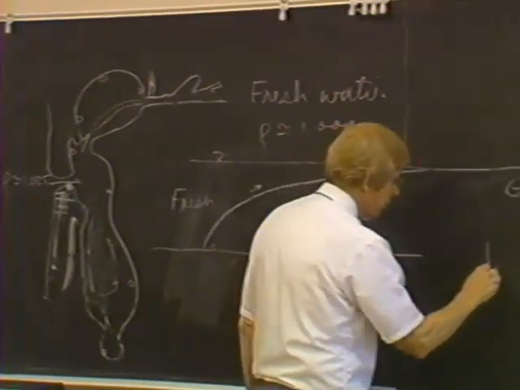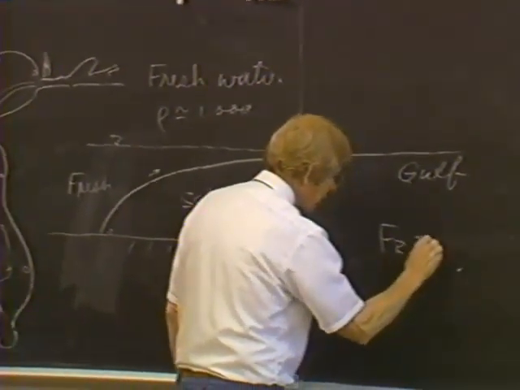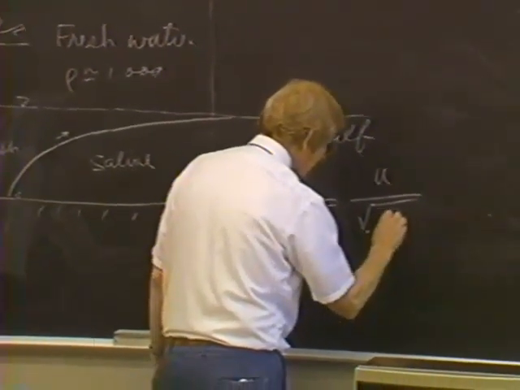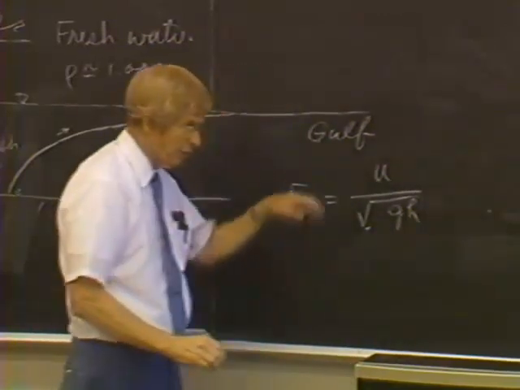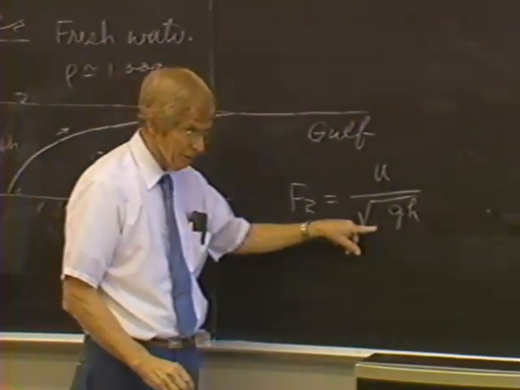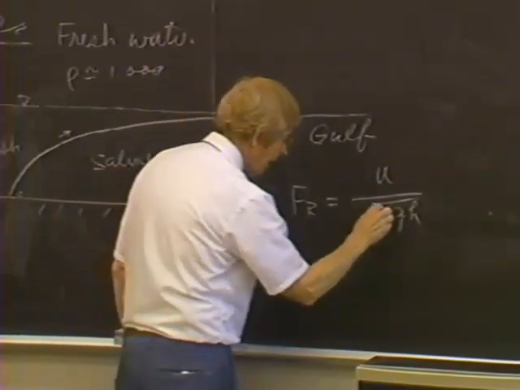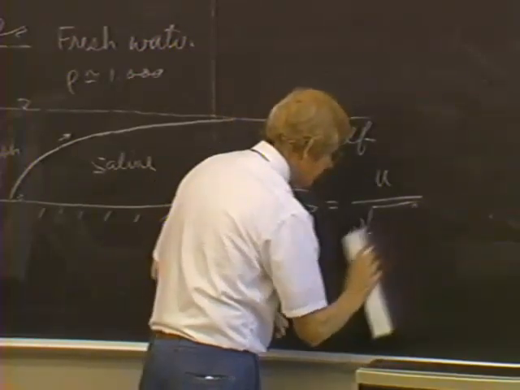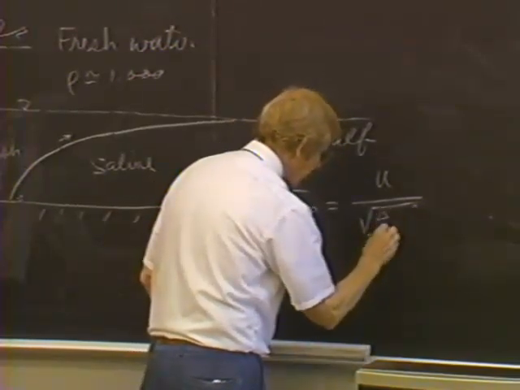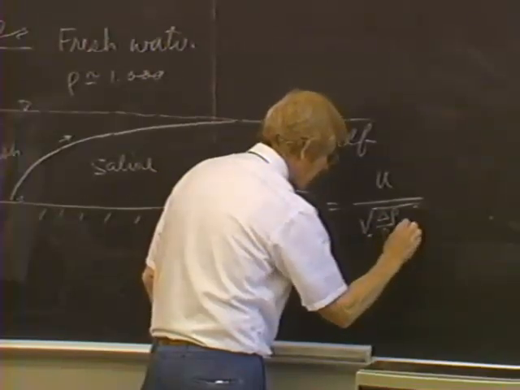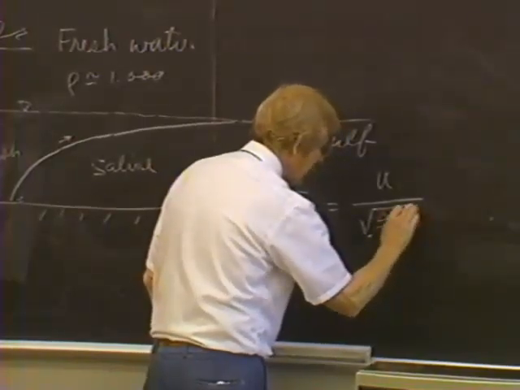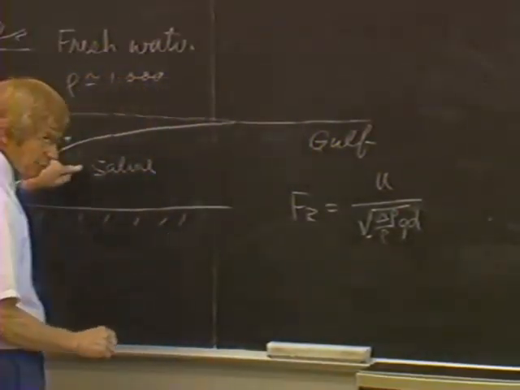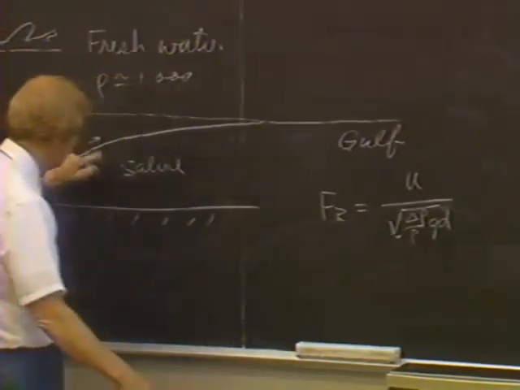And that velocity is when the Froude number, remember the Froude number, is equal to u divided by the square root of gh. It's a ratio of the inertial forces to the wave forces. And here I'll put delta rho over rho, where delta rho is the difference in density between the two, and rho is the average of one or the other.